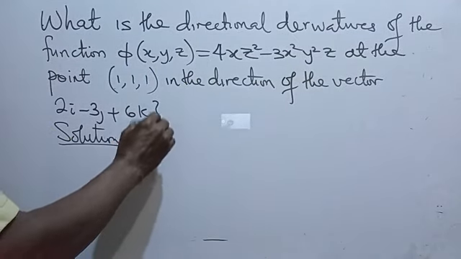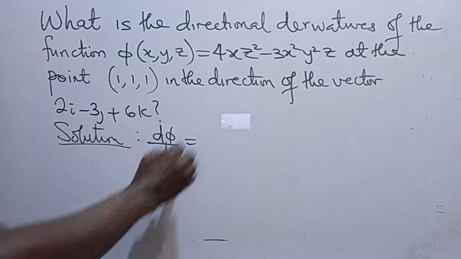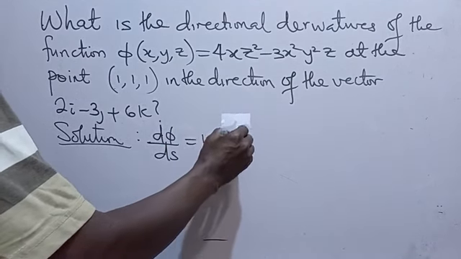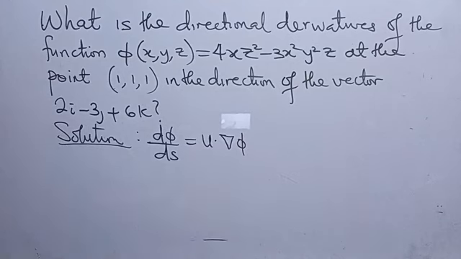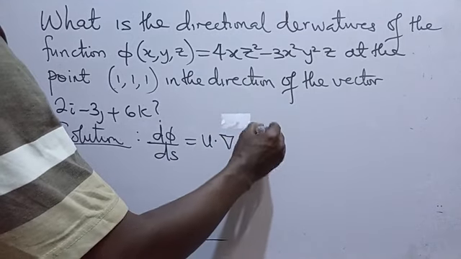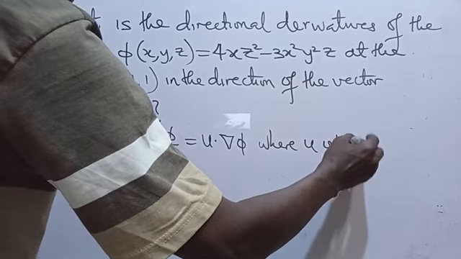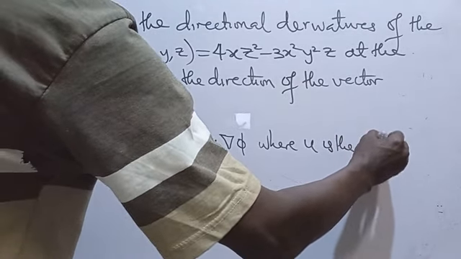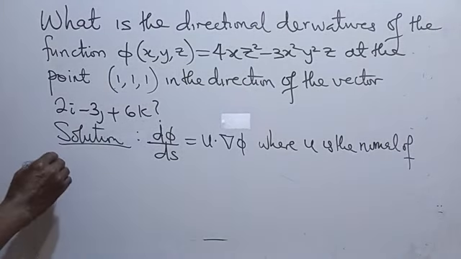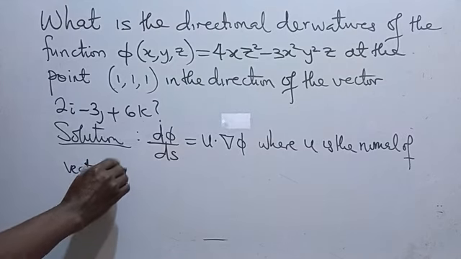The formula is the derivative of phi in the direction s equals u dot the gradient of phi, where u is the unit vector of vector v.